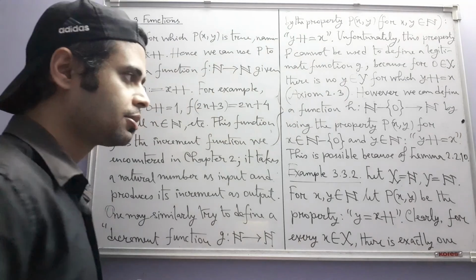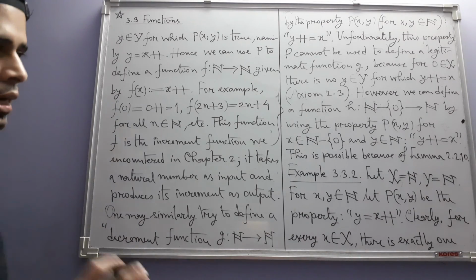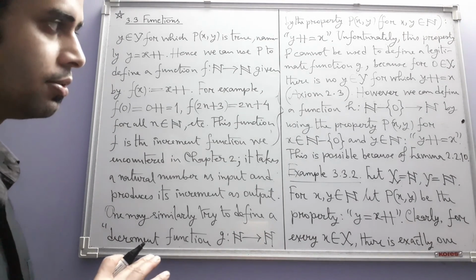So what Lemma 2.10 says is that, recall that while studying natural numbers, we came across a definition of positive natural numbers. We called a natural number positive if it's not 0, if it's a natural number that is different from 0.